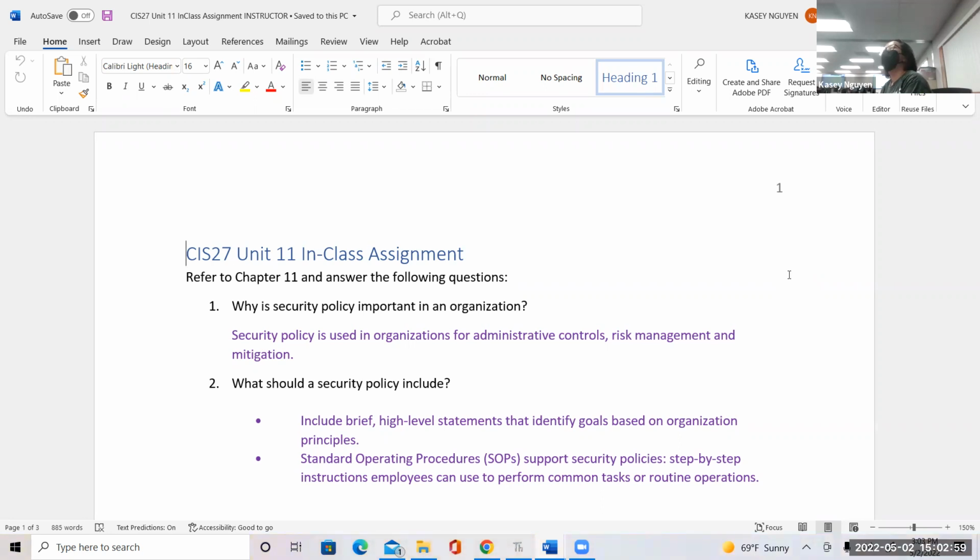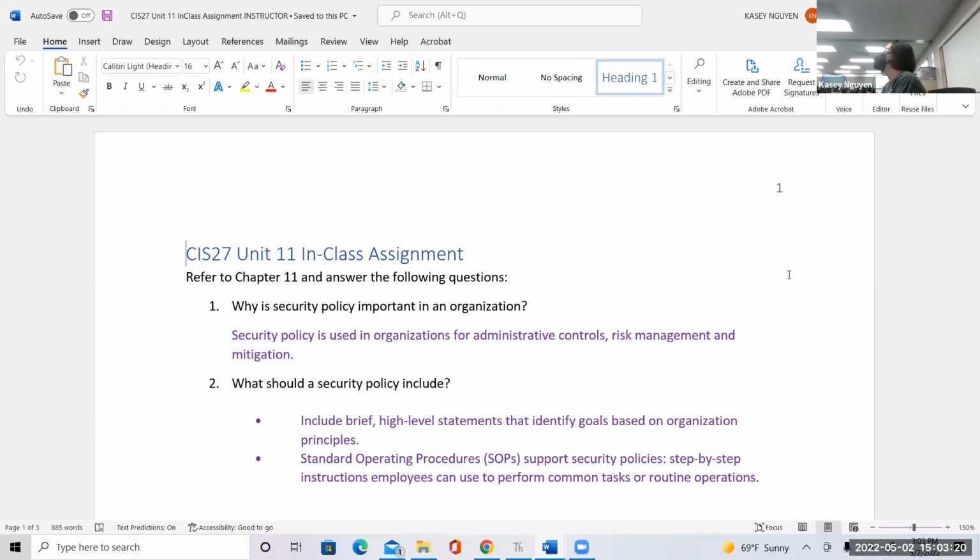So security policy not only affects the technical side, but it's really allowing us to administratively control the assets in the organization and its operation. As you know, most businesses use information systems to run their business.